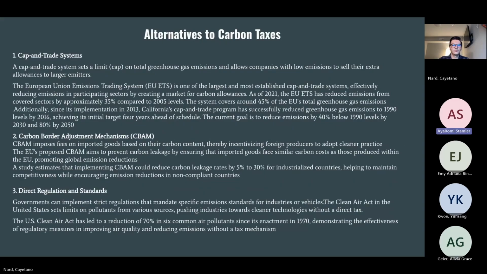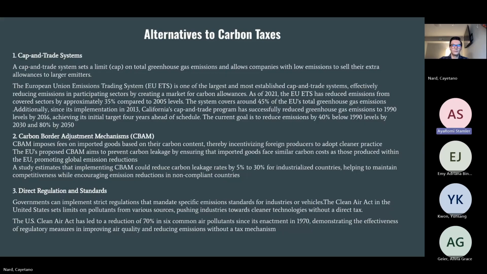Okay, so carbon tax has alternatives. First one is a cap and trade system. A cap and trade system sets a limit, that means cap, on total greenhouse gas emissions and allows companies with low emissions to sell their extra allowance to larger emitters.